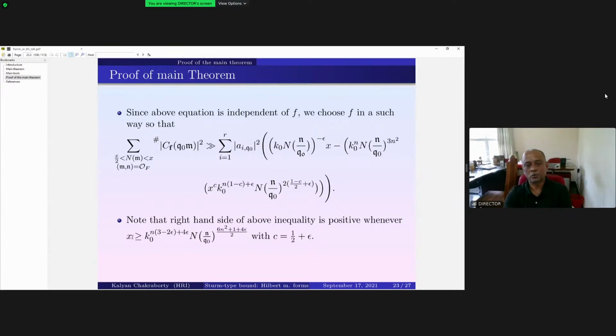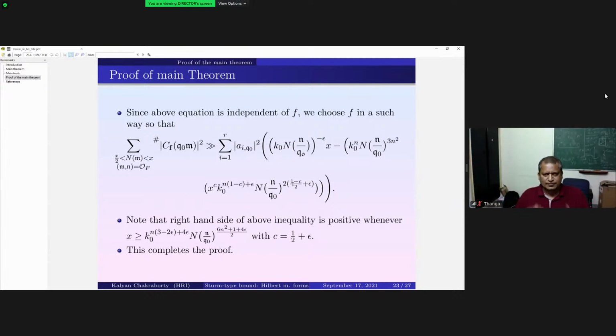So whenever we choose our x bigger than or equal to this, the right hand side will be always positive. So this completes the proof of the main result that we had. Of course, some work is there in between which I have suppressed.